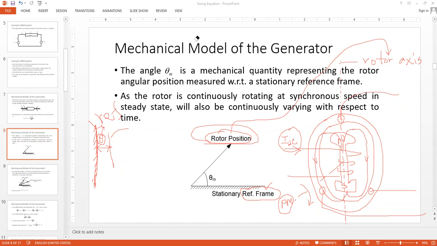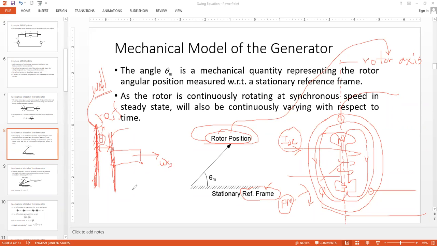If I'm measuring the car distance, this point of the car, from some stationary reference frame, this is a wall, stationary, not moving at all, and the car is moving at a certain velocity, let's say omega s.